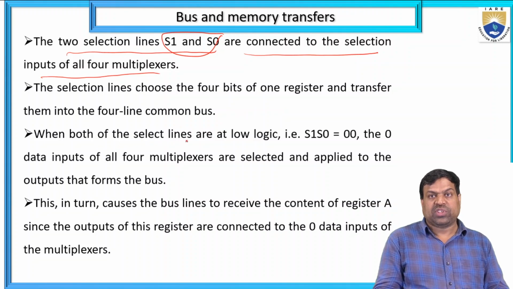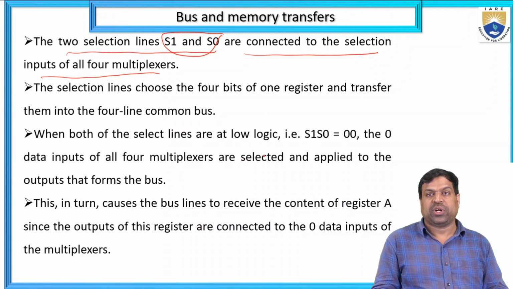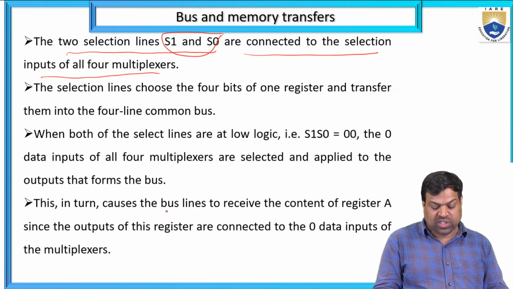When both of the select lines are at low logic, S0 and S1 equal to 0, 0, the 0 data input of all 4 multiplexers is selected and applied to the output that forms the bus.